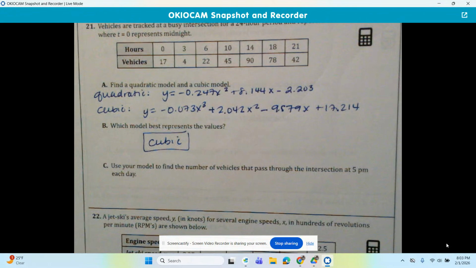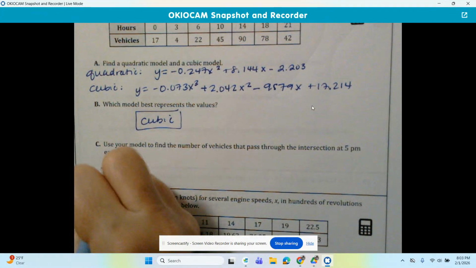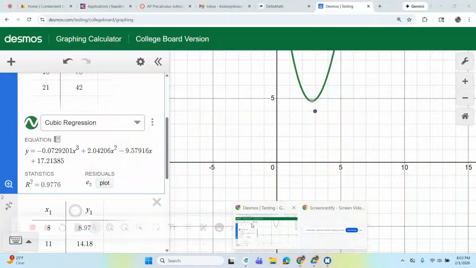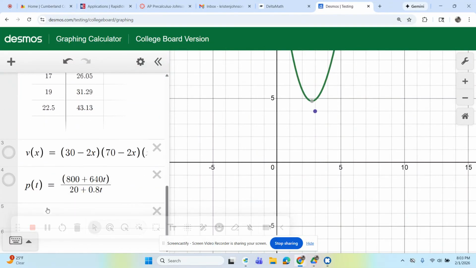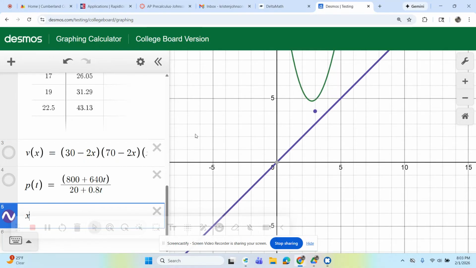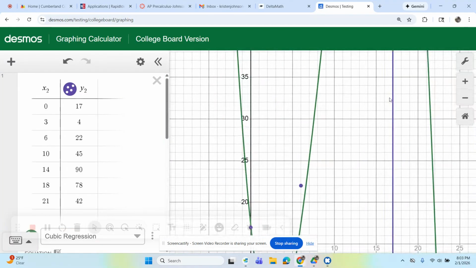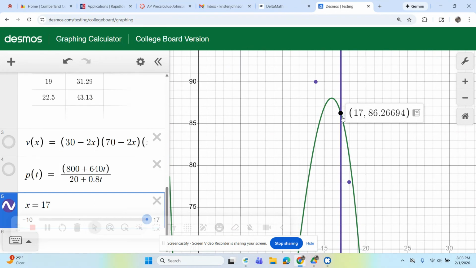Use your model to find the number of vehicles that pass through the intersection at 5 p.m. each day. If we're starting with t equals 0 at midnight, 5 p.m. is going to be 17. So you could go back here and type in x equals 17, and you're looking for that intersection, which happens up here at 86.267. So we'll say roughly 86.